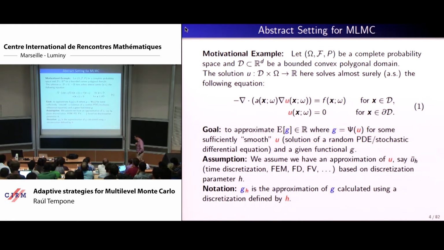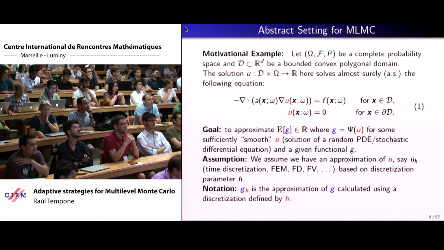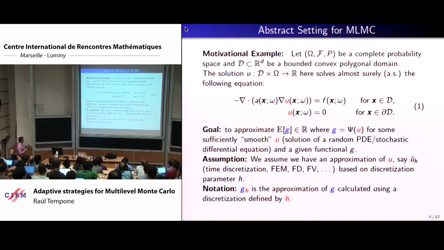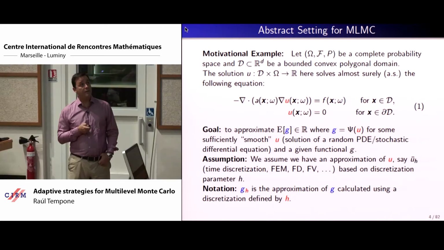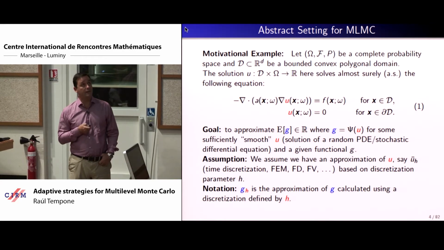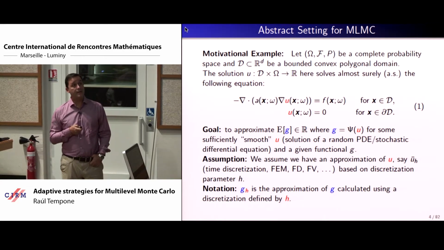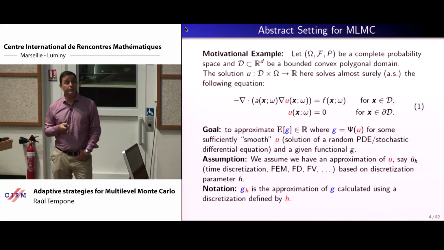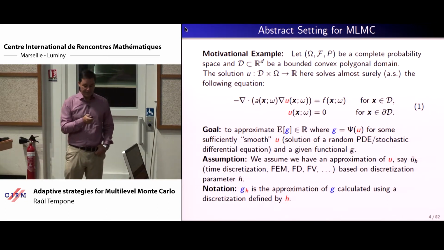So let's begin with our first example. This is a linear elliptic PDE that is very popular in the context of random PDEs as a model case. Here, the coefficients A and F are random processes, stochastic random fields, and mainly we'll concentrate on the effect of A because A is the one that acts non-linearly on the solution U. And out of the solution U, we are interested in computing a statistic which is real valued.